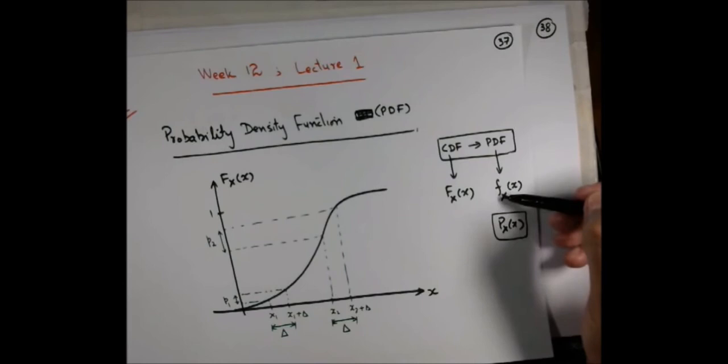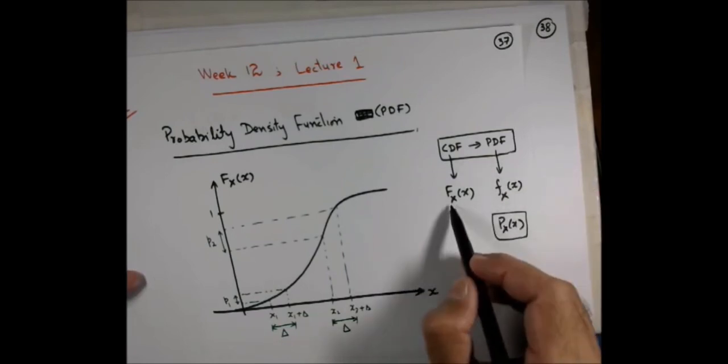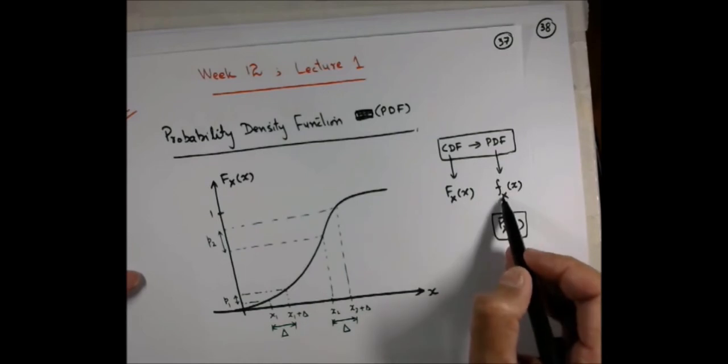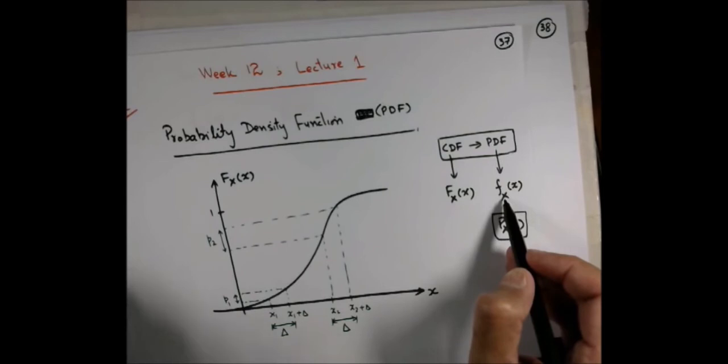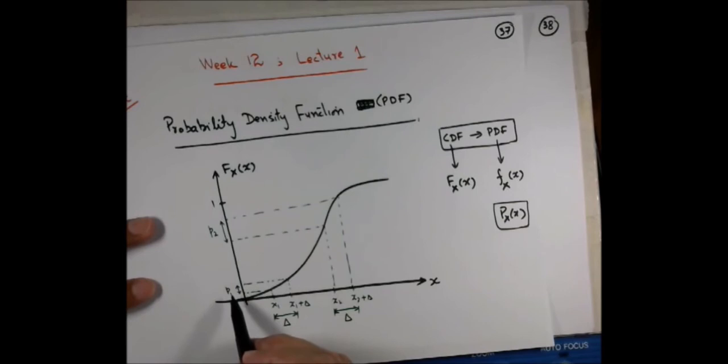But now we are handling the continuous random variable, so we will be using these two terms, the CDF of a continuous random variable and the PDF, the probability density function, which is a particular name for the generic term probability distribution of a continuous random variable. So now we see here that the probabilities are related through the slopes.